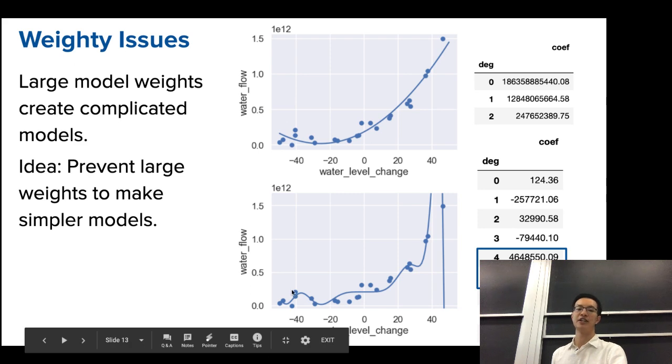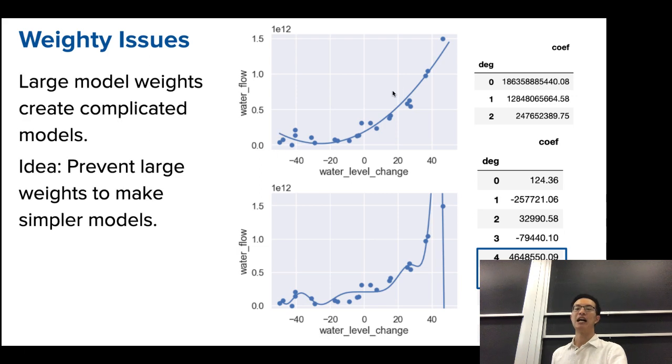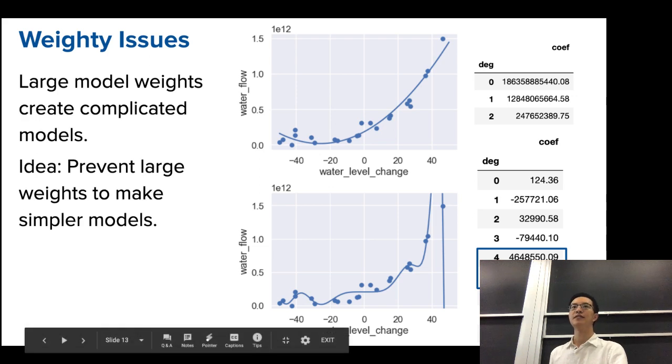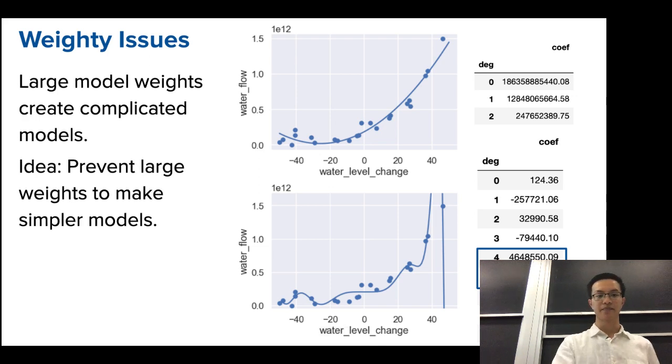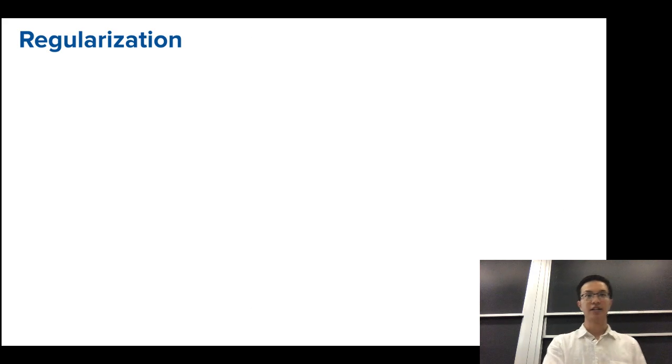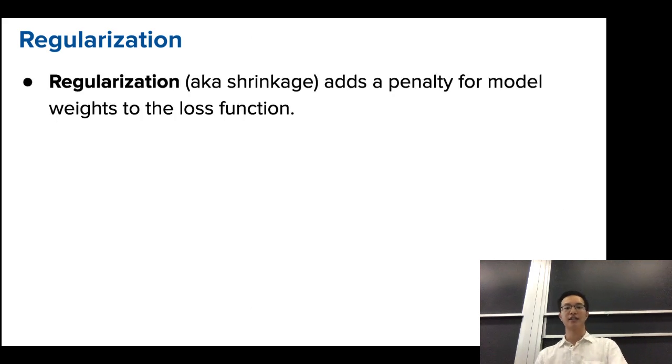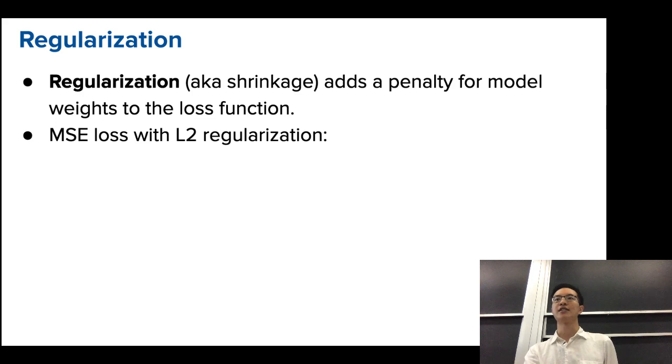You can imagine that I might want a little bit of a degree 3 polynomial to make it fit a little better. I might want a little bit of a degree 4, but maybe not too much of the higher degrees. And so the idea of regularization is we'll change our loss function to add a penalty for model weights. So here's the MSE loss with what we call L2 regularization.